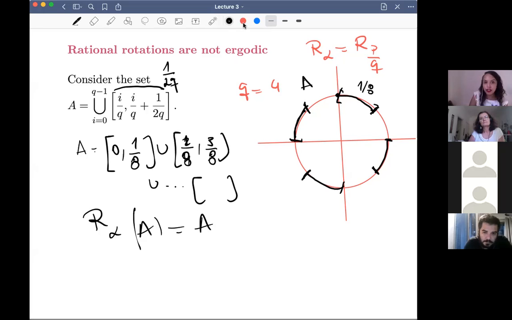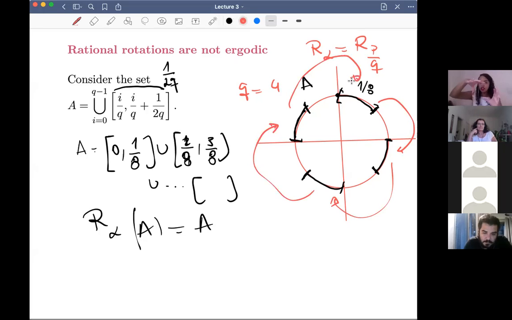The image of the first arc is this. The image of the second is the third one. The image of the third one is the fourth one, and the fourth one goes back to the first. So it just rotates your circle because you defined exactly the size to be 1 over 2Q. So it's not hard to see that it just rotates like this.